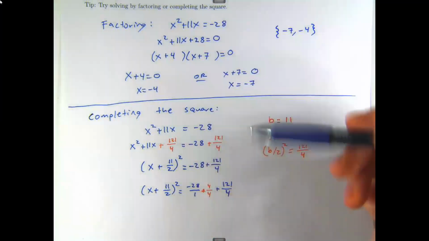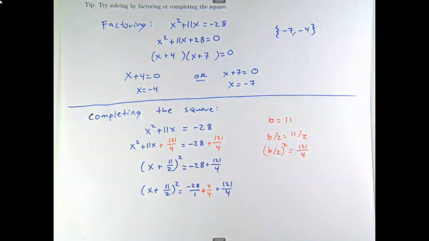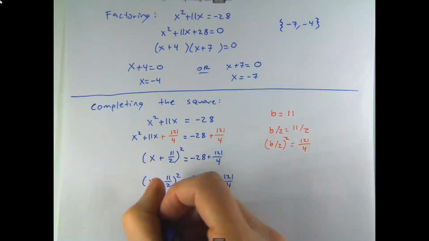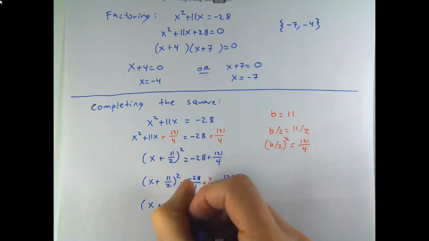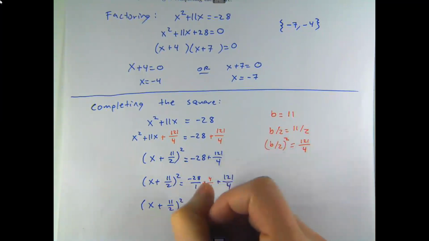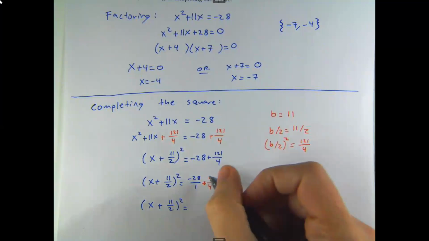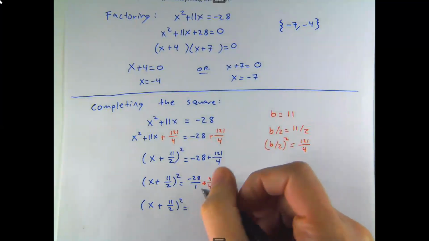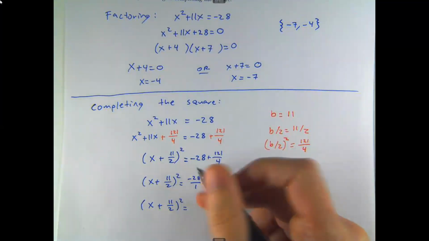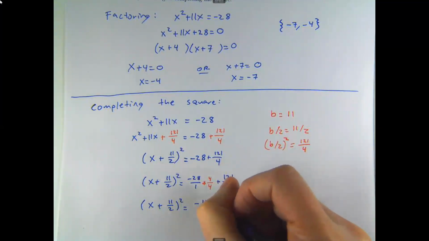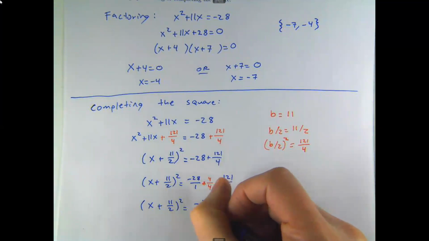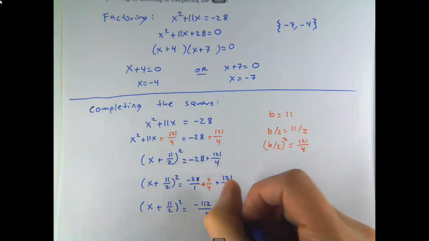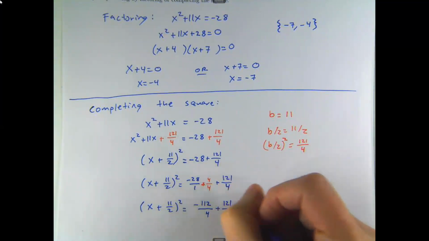Look, clean numbers, couple quick steps. Completing the square still works though. And I'm multiplying these things together. So this gives me negative 112 over 4 plus 121 over 4.